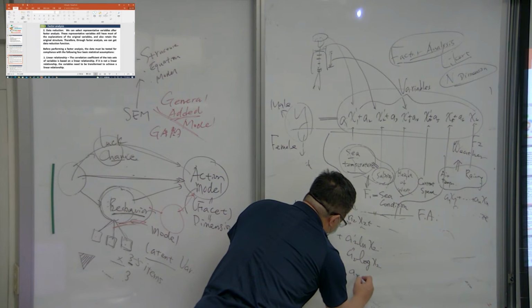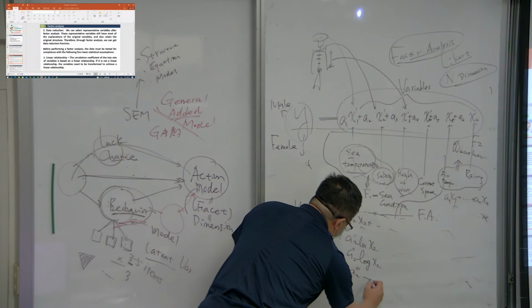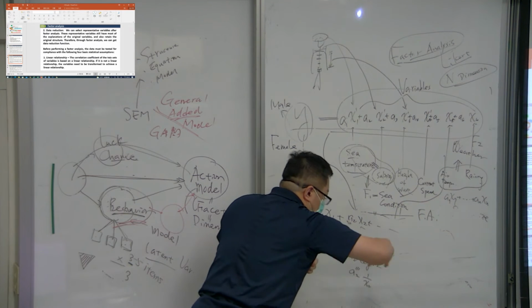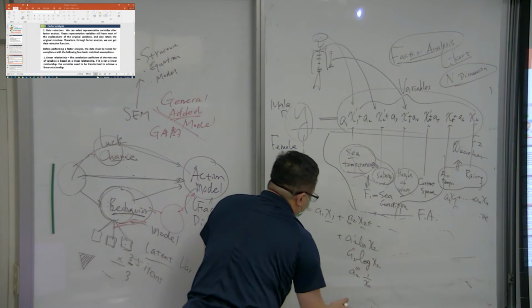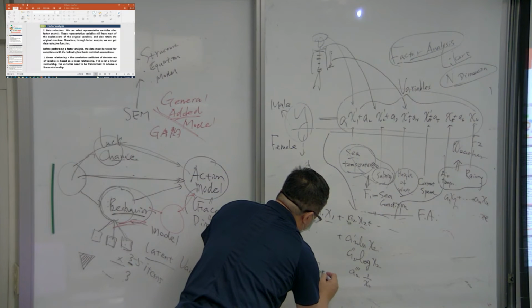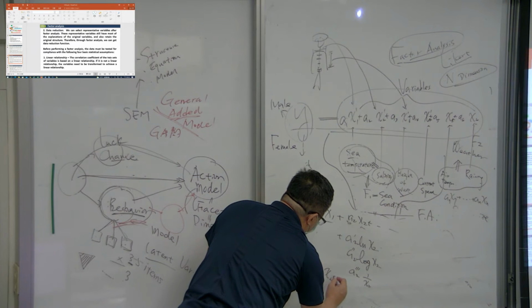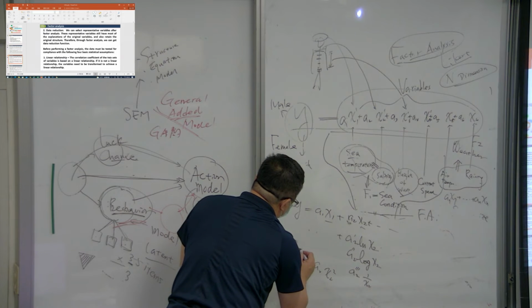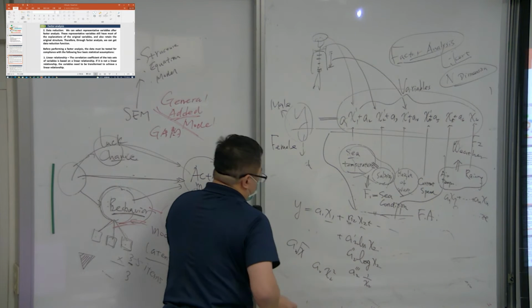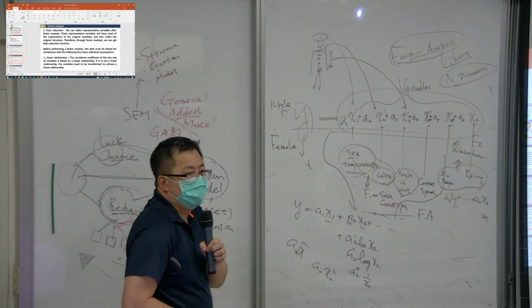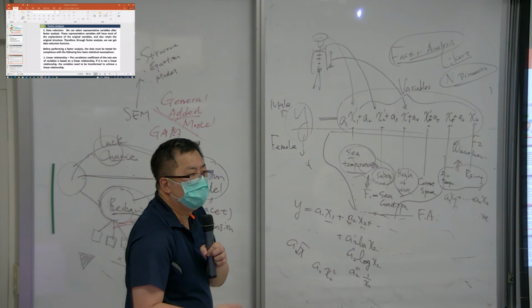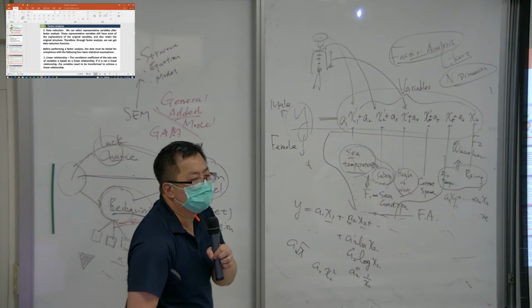Or inverse, okay? Or square, or root square. Yeah. We have to transform this. But we have to try.